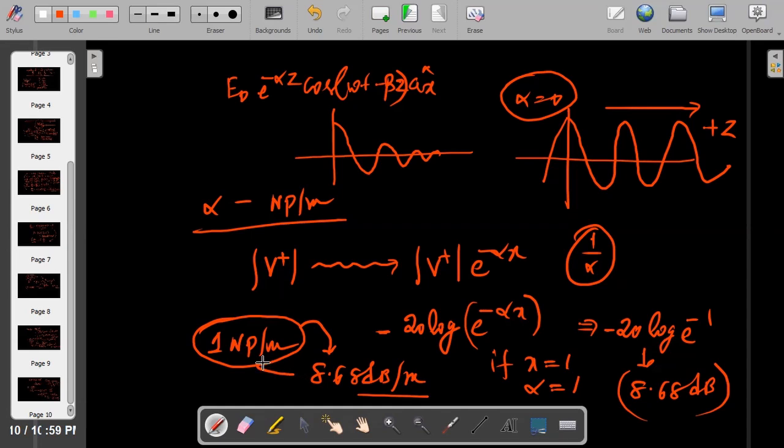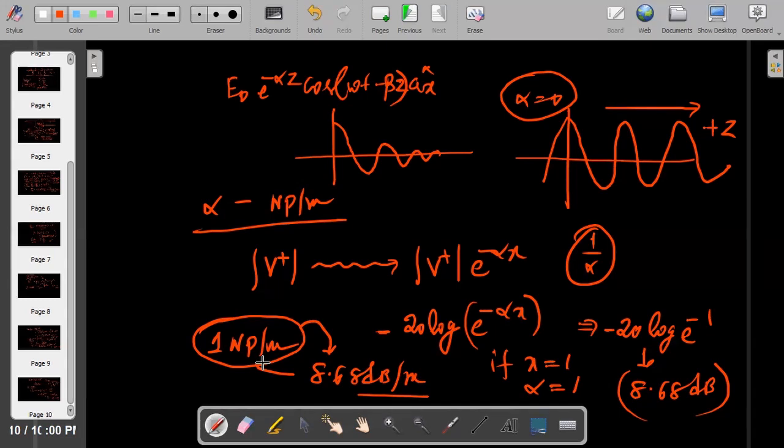What is the meaning? If alpha is 1, alpha means your attenuation only. It is in Neper per meter. So 1 Neper per meter means alpha is 1. So how much dB per meter it is attenuating: it is 8.68. So 8.68 dB, or decibel, it is attenuating for 1 Neper per meter. If alpha is 2, you can easily check, double of that one.